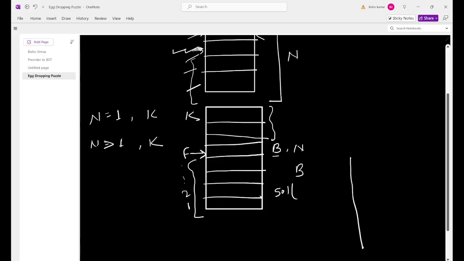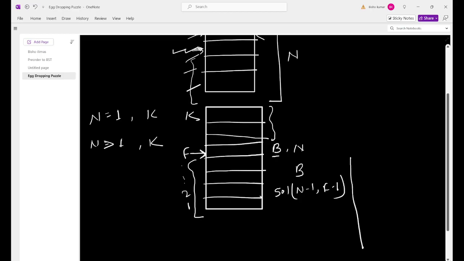So if the condition is broken, if you check this floor and the egg breaks, then you need to solve for the floors below. If the egg breaks, then n minus 1 eggs remain, because one egg is broken, and the total number of floors to check is f minus 1.